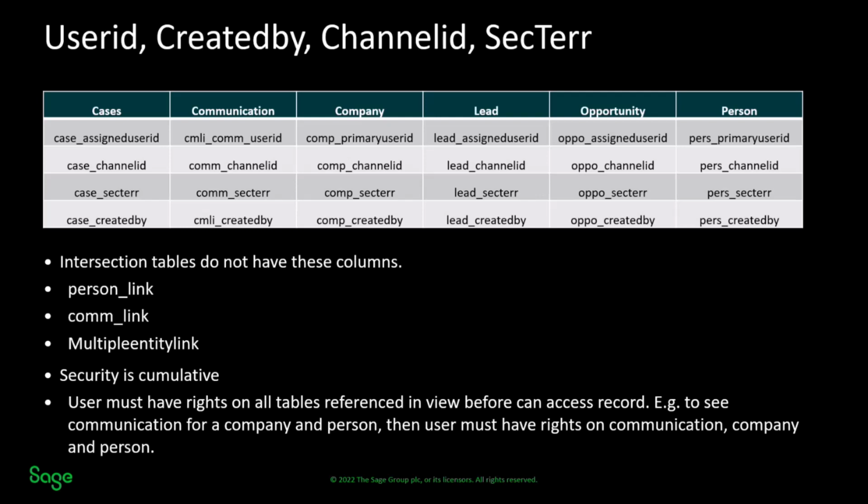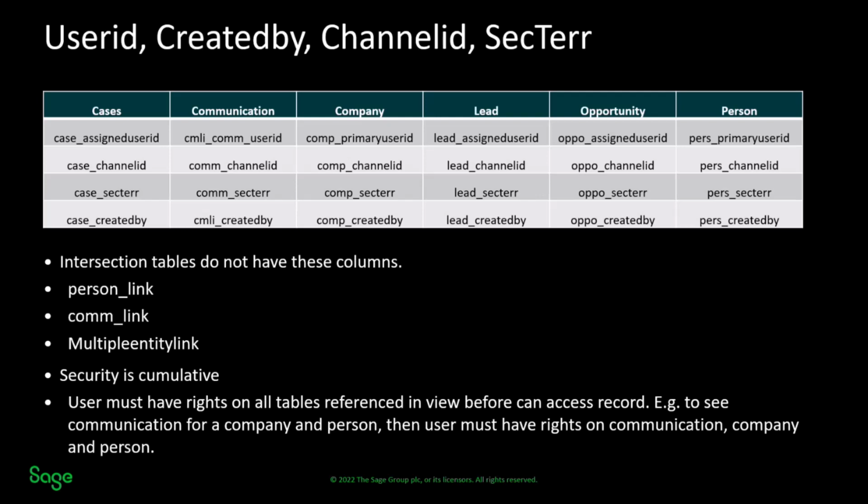Now the rights are cumulative. If you are working with something like a communication, it does have security associated with it. But please note here that communications don't make any sense on their own, because they're always to somebody or from somebody, and that somebody very often belongs to a company as well. So the view for returning the information about the communication will touch on the company table and the person table as well.